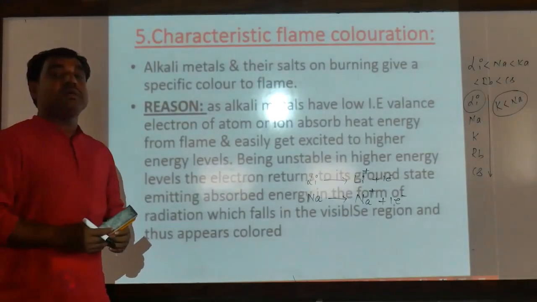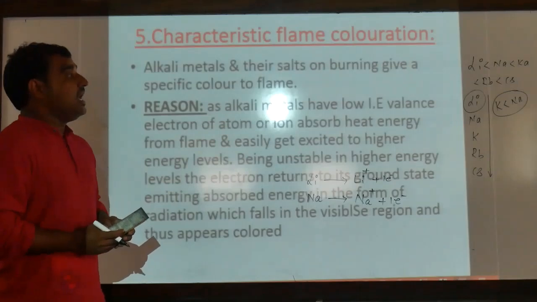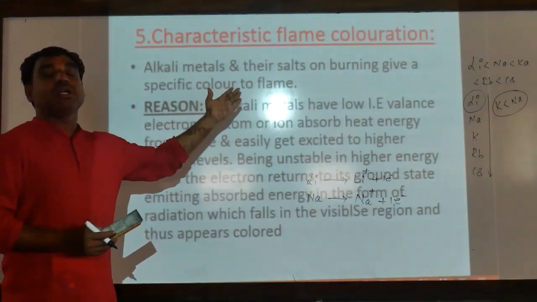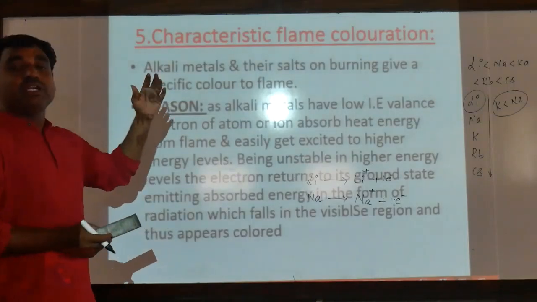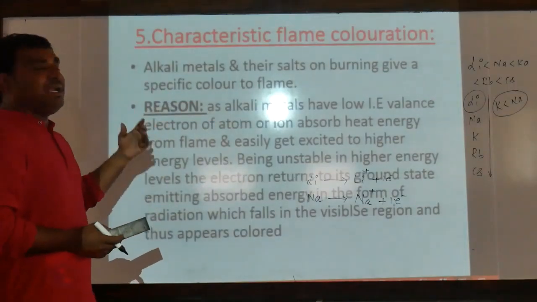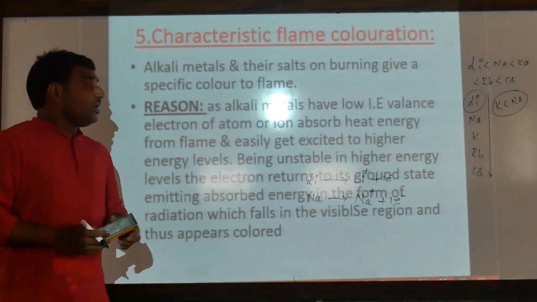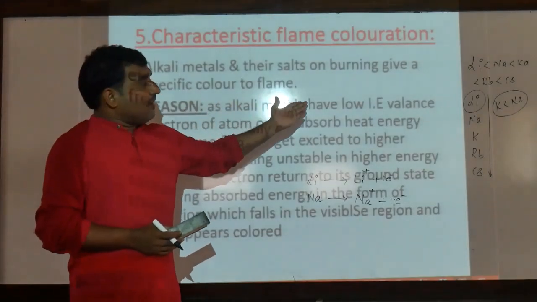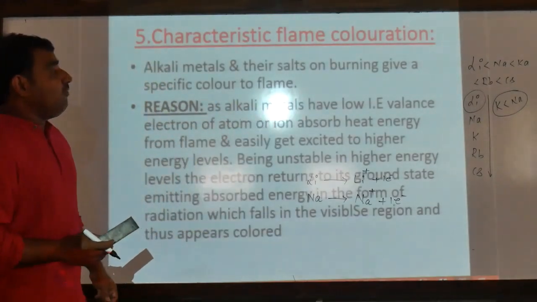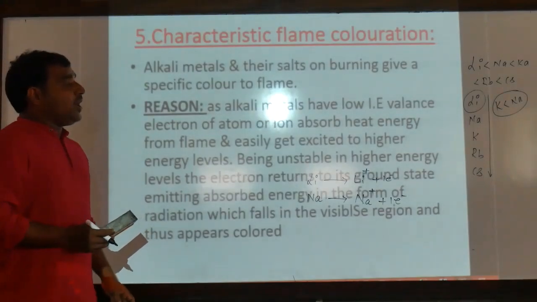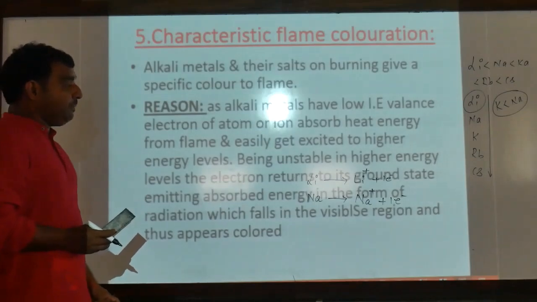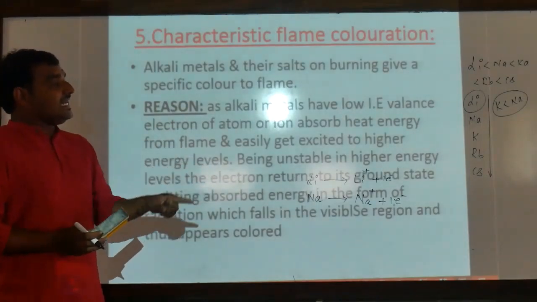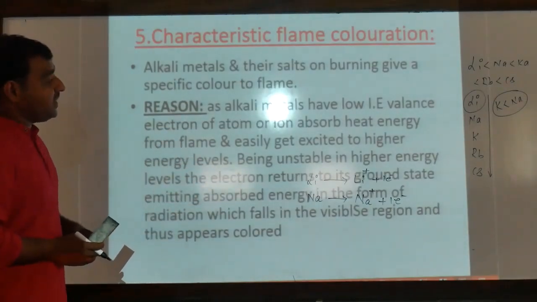If you heat them, they will give a particular color. The reason behind this is that as alkali metals have a low ionization enthalpy, the valence electron of the atom or ion absorbs heat energy from the flame and easily gets excited to higher energy levels.